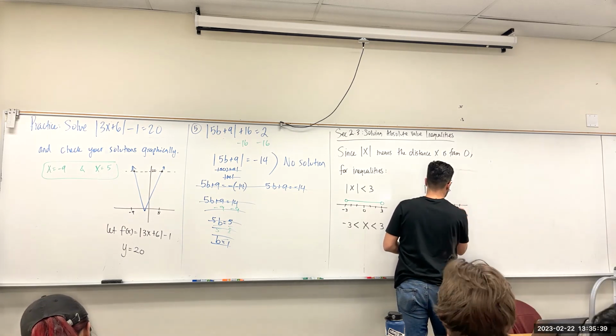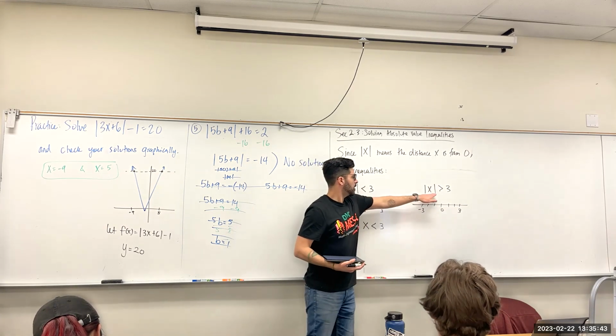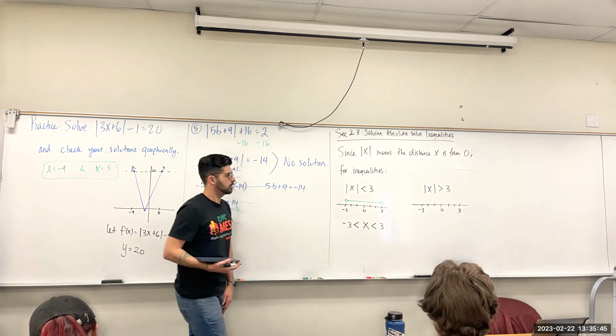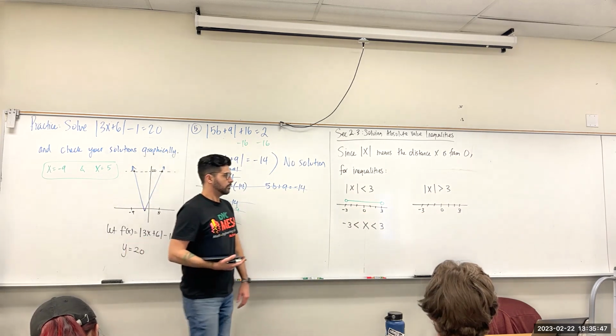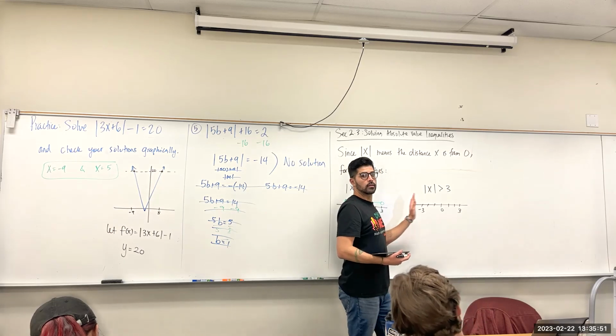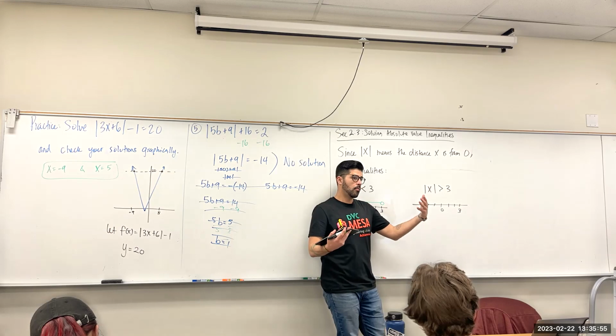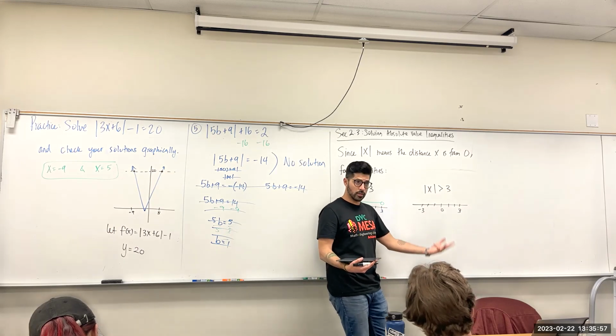1, 2, 3. 1, 2, 3. Give me a number that would work for this other inequality. 4, negative 4, negative 5. So you want numbers that are more than 3 units away from 0.